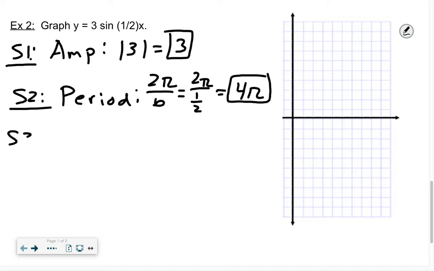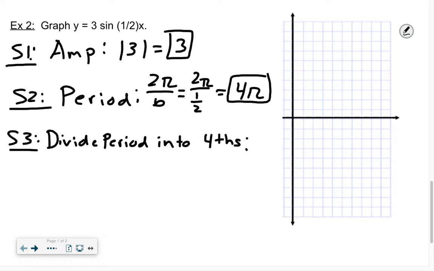Step 3. Now what we want to do, now that we found the period, is we want to divide the period into fourths. We always start at 0, and we always end with whatever the period happened to be.